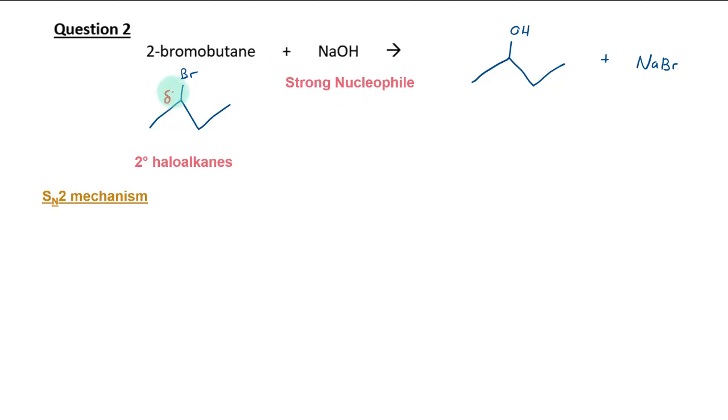So again, the same thing. Here's your electrophilic carbon and the delta negative bromine. So if this one is an SN2 mechanism, you need to draw it out in 3D structure. Okay, so this is the structure for your 2-bromobutane. Okay, and then this is your electrophilic carbon, and then your delta negative bromine.